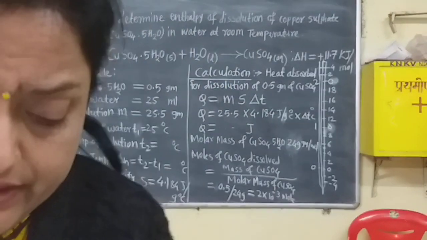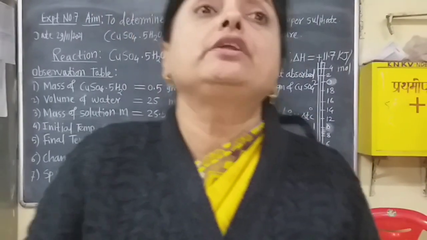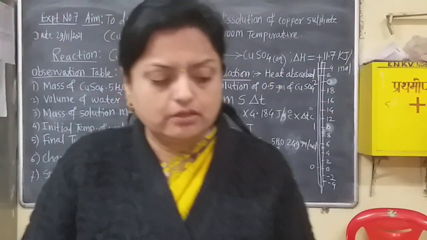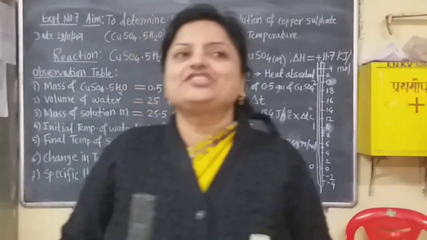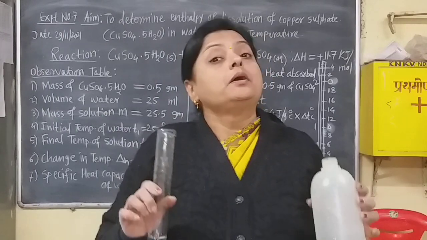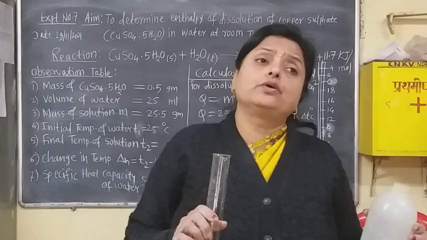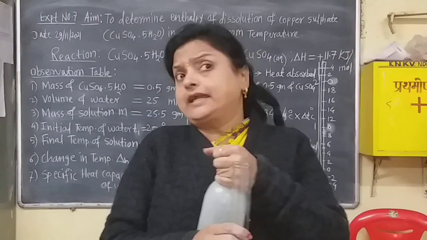If the thermometer will not pass through, then you can make a cork with your hand. Remember that some polythene bottle lids do not have holes through which the thermometer can easily pass. At that time you use your thumb or hand as a cork for those bottles.